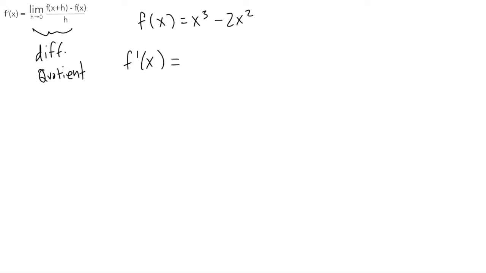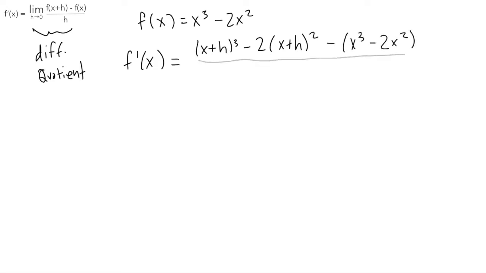So it turns out to be f prime of x equals f of x plus h, so that's x plus h cubed minus 2 times x plus h squared, minus f of x, and that's just x cubed minus 2x squared, all over h. And we can't forget to take the limit as h approaches 0. That's an integral part of our definition for the difference quotient.